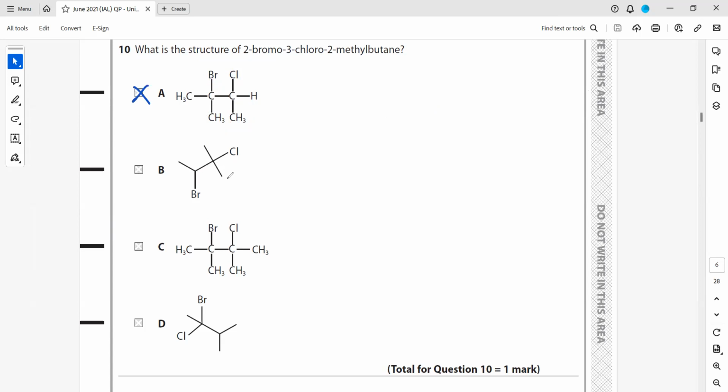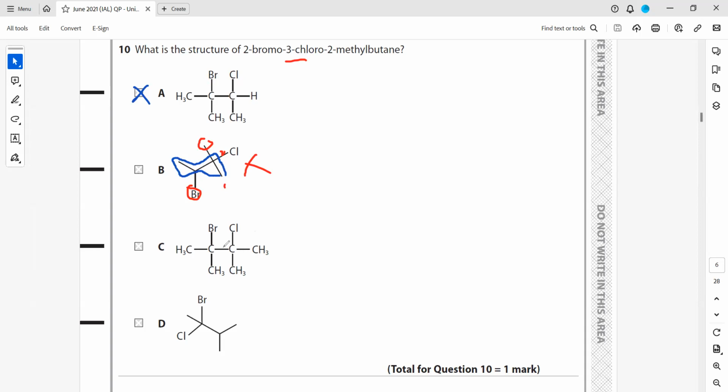Why not B? We select the longest chain, 1, 2, 3, 4. Here, when we number from this side, 1, 2, the second position has a chlorine, but we need chlorine at the third position, that's why this is wrong.